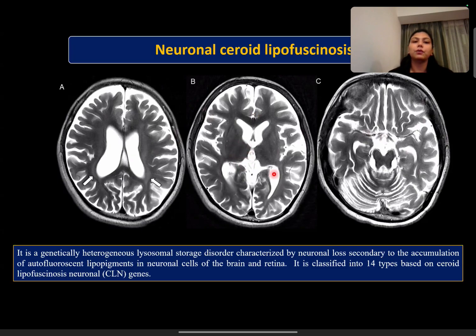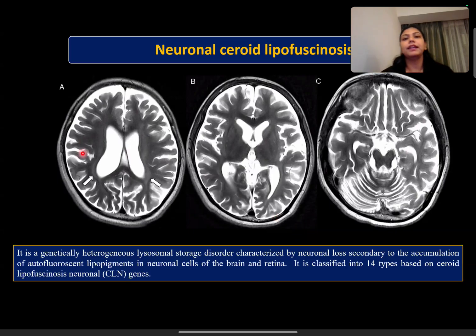Apart from that, how do we see hypomyelination? We see very small periventricular white matter hyperintensity, sometimes, not always, but when present, they are actually pathologically found to be hypomyelinating. So it is a secondary hypomyelinating leukodystrophy. It is basically a neurodegenerative disorder where there is marked atrophy of the cerebral and cerebellar hemispheres, which is out of proportion to the hypomyelination seen in them.